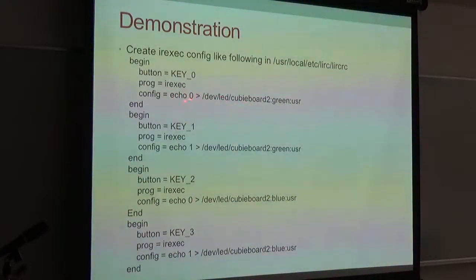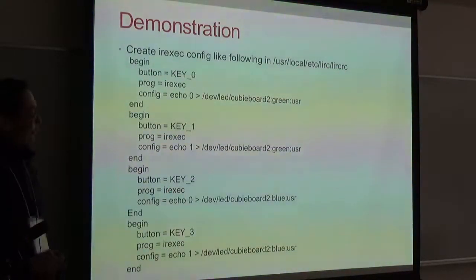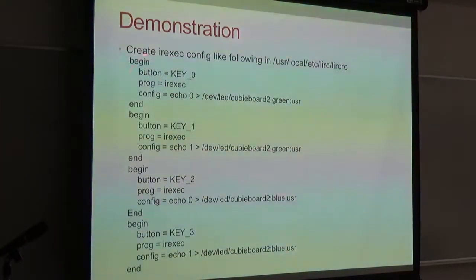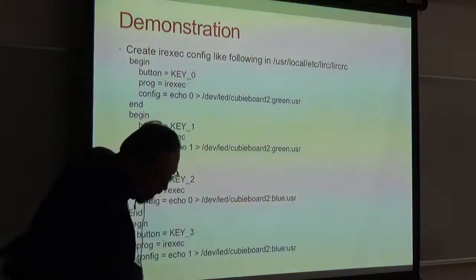So this one is turning on the user green LED, and key one is turning off, and key 2 is turning off the blue user LED, and then key 3 is turning on the blue user LED. So these are the IR exec config files, so we have to put that in USR local etc lirc and lircrc. So this is the location. We will put this into that location file.